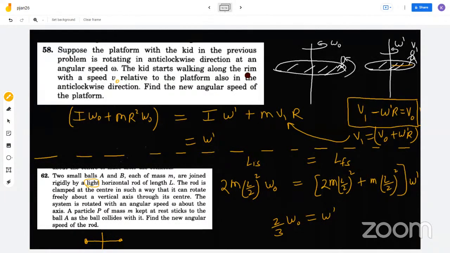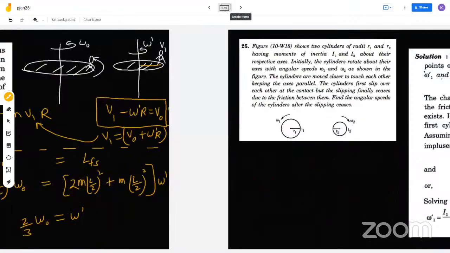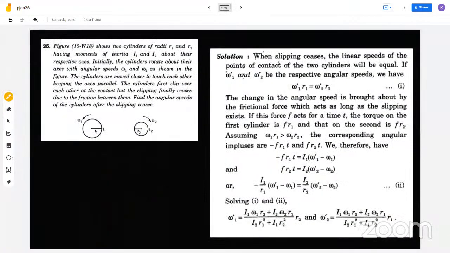This one done na guys? Okay, next this one. So guys, this will take 2 minutes. I will do that one. So try something. Okay.